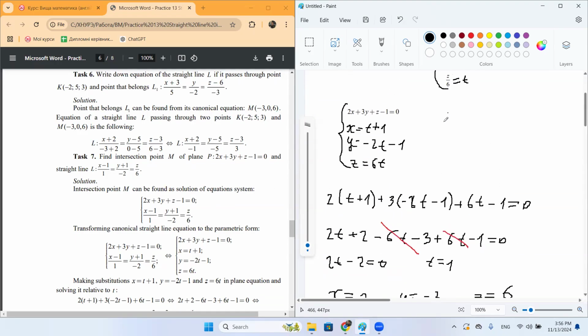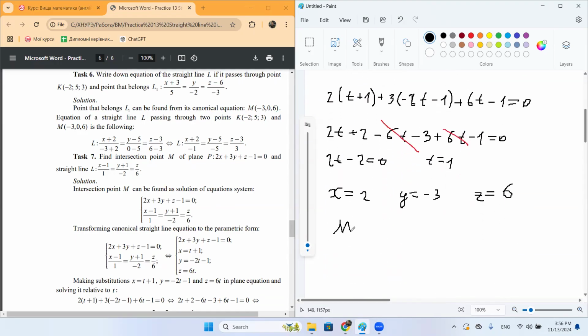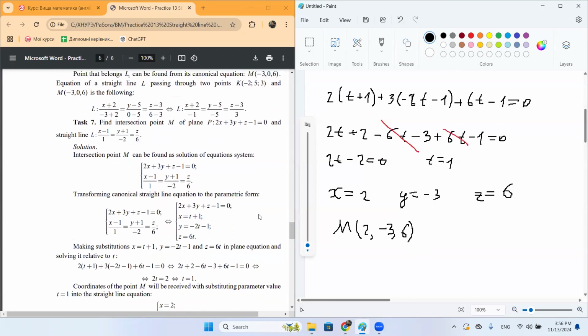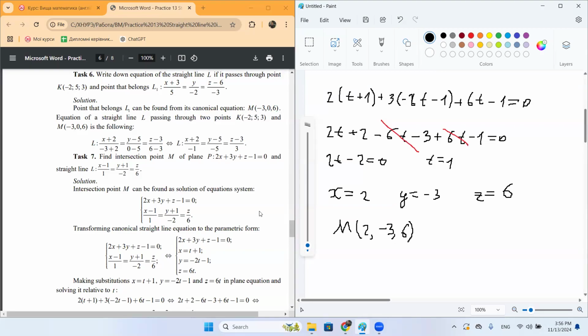So coordinates of point M are the following: 2, -3, and 6. And so basically that's a good example of usage of a parametric form of the equation of the straight line.